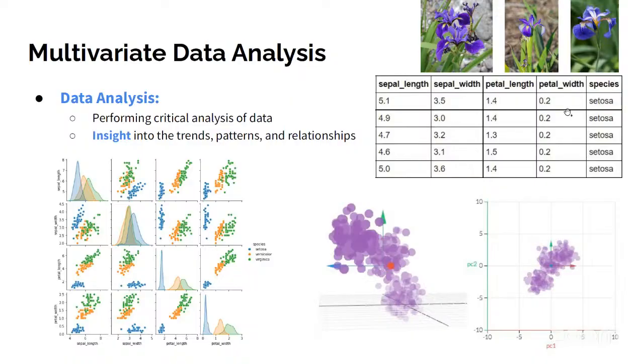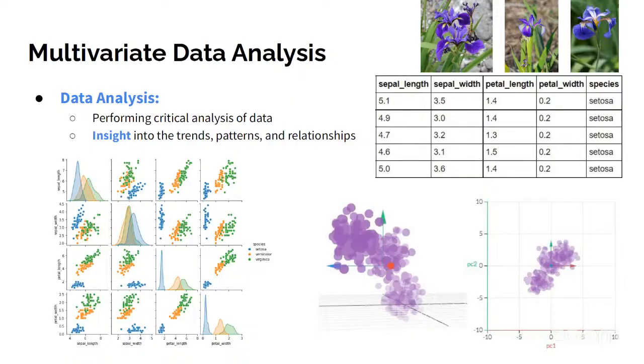So this is a multivariate data analysis scenario. You have four different features. This is taken from something called the iris data set. Typically, if someone wants to learn machine learning, they start with this data set. So the target here is to classify a flower based on its sepal length, sepal width, petal length, and petal width.